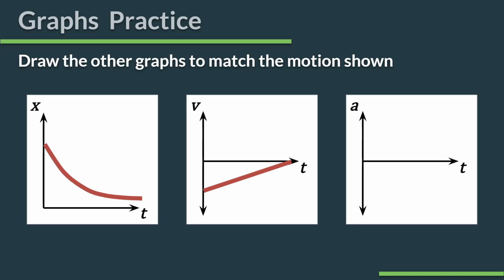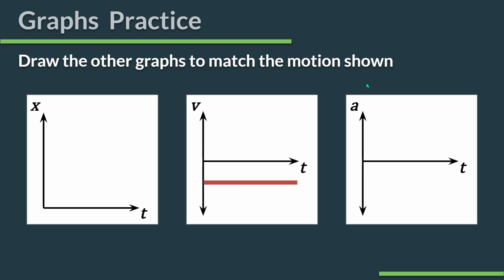This is a positive slope. Yes, it's in the negative part of the graph. That's not what I'm asking. I'm asking about the slope. This is a positive slope, and therefore it is positive acceleration. Okay, so again, negative slope would have been something going down, like this was negative, this one's positive. All right, so positive slope means positive acceleration.